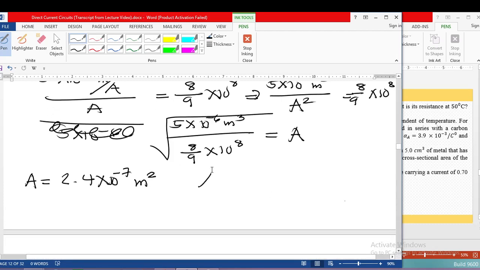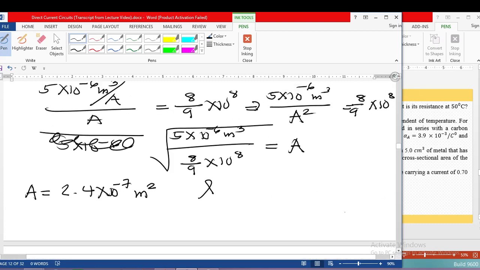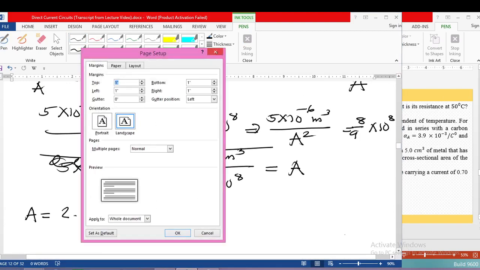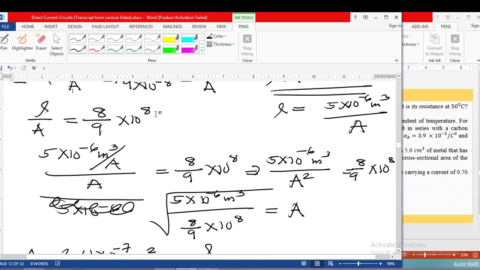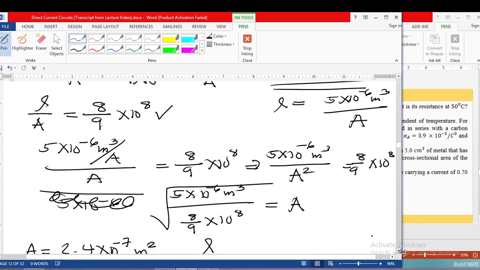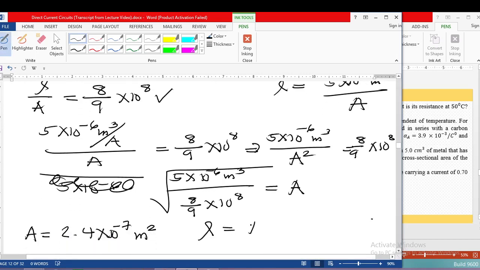So the length, you just have to use our expression of length. So length is just equal to, you can use either of the equations. I will just use this one. So length is just equal to area multiplied by 8.9 times 10 to the 8, and that is approximately 21 meters.